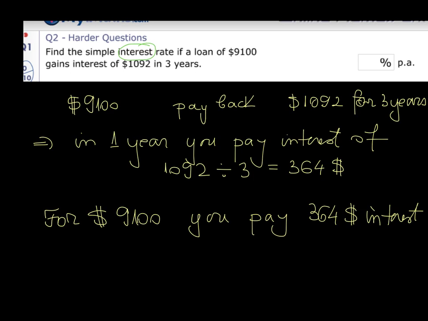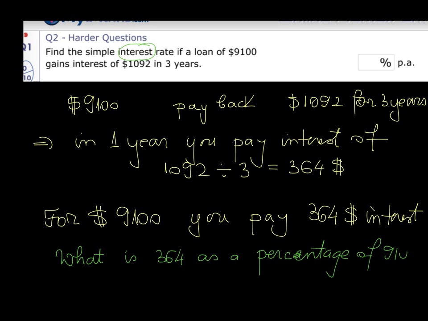So practically you need to express what is 364 as a percentage of 9100. Because you obtained this 364 by applying a percentage to 9100. So a percentage of 9100 is 364.